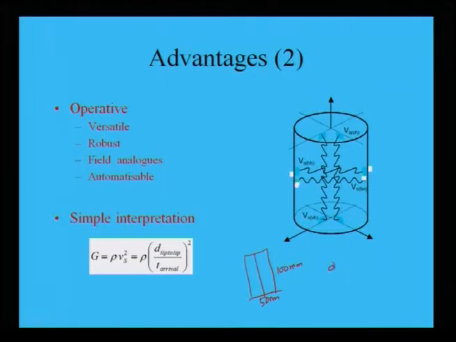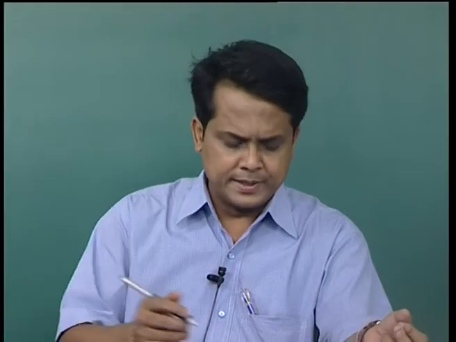That means this distance is equal to 100 mm. You only have to measure the travel time from bottom to top, from here to here, by means of the source and the receiver using the bender element. So, it is a very simple interpretation.